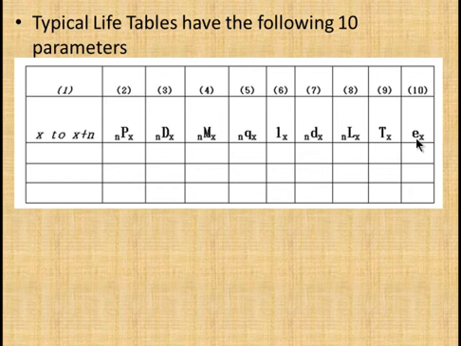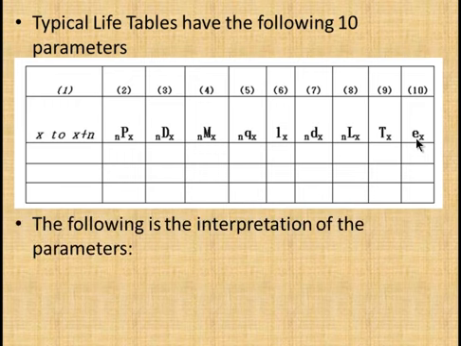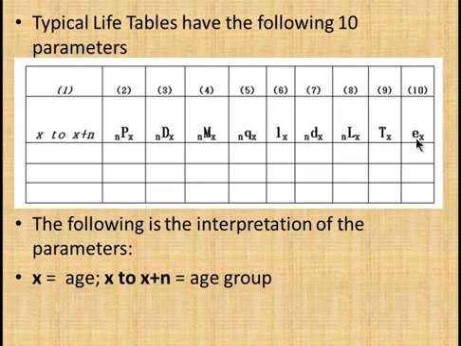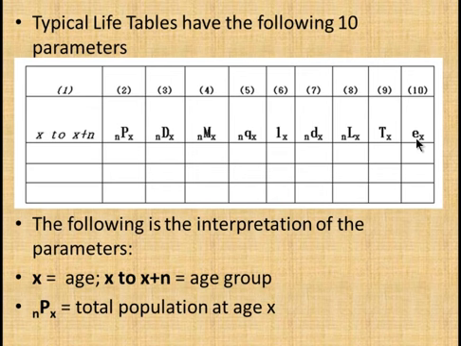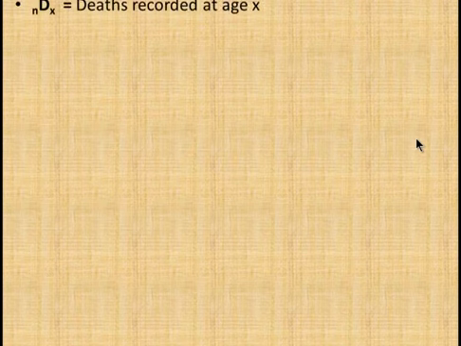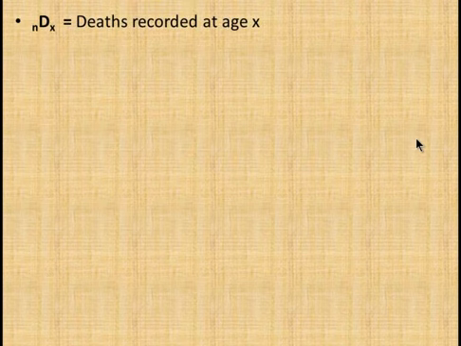So quickly, for the parameters, I said we have x as an age or age group. Then we have npx as our total population. We have d for deaths.